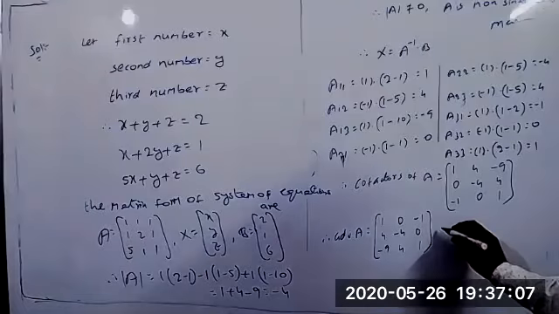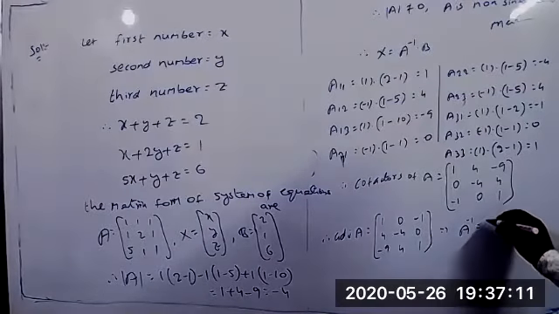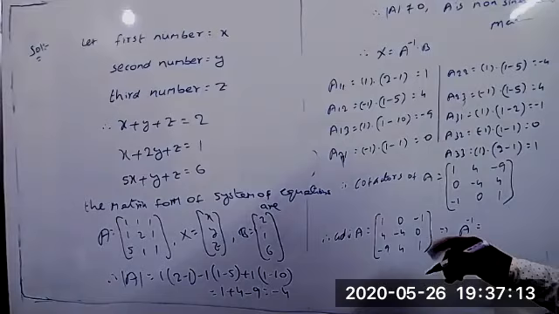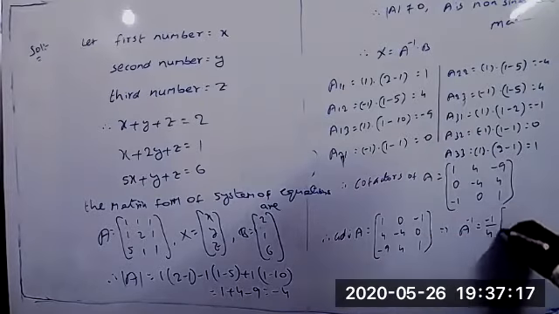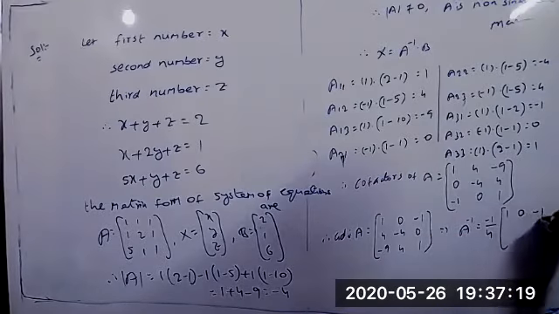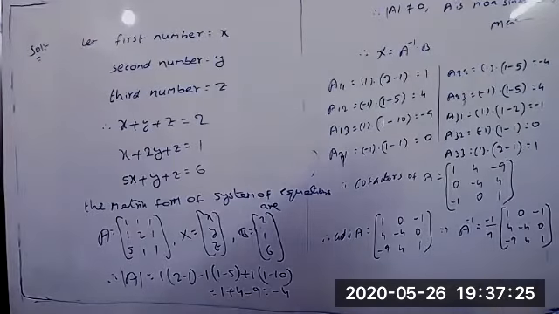That implies A inverse equal to adjoint A over determinant of A, and we got minus 4. So minus 1 by 4 into 1 0 minus 1, 4 minus 4 0, and minus 9 4 1. This is the value of A inverse.